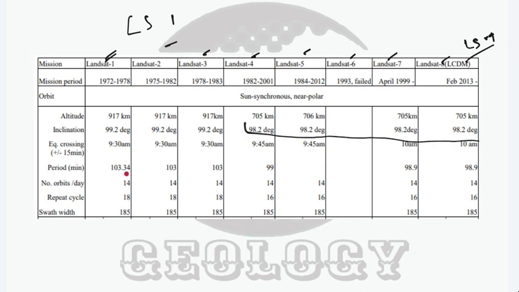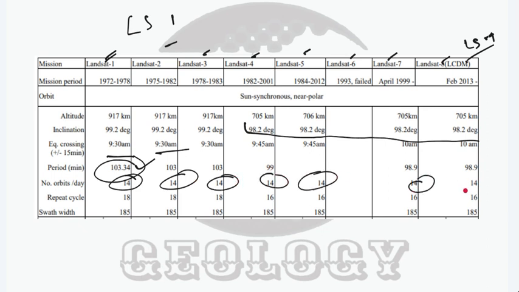Okay. Equatorial crossing 9:30 a.m. What time does it cross the equator? Okay, equatorial crossing. Orbital period, that is pole to pole, 103 minutes. Okay. Number of orbits per day, 14 orbits.